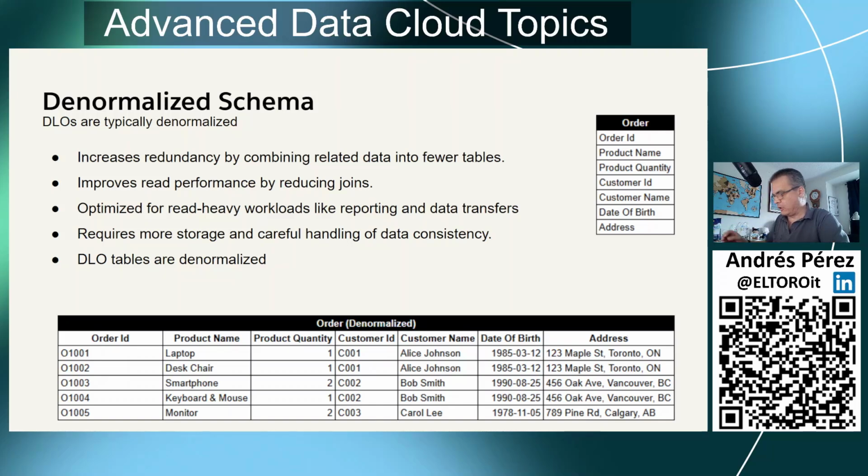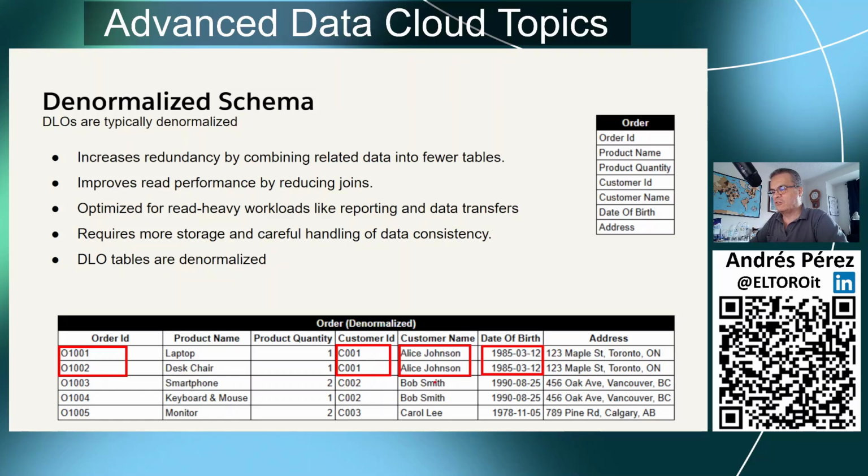In this table at the bottom, we have the orders, which are denormalized. What does that mean? It means that we have information about a customer and what they purchased on the different order IDs. So we have the information about the customer, the date of birth, in one single table, and then what they purchased.